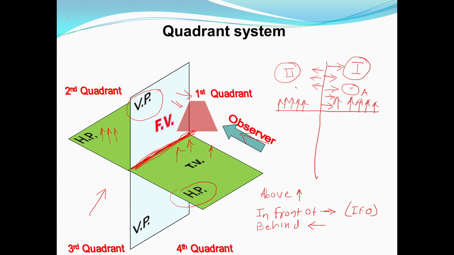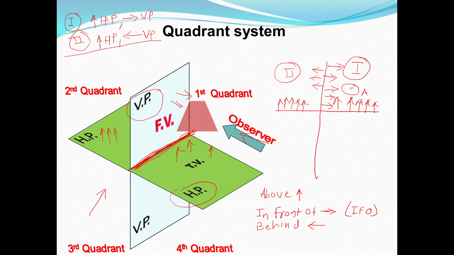First quadrant: above the HP, in front of the VP. Second quadrant: above the HP, behind the VP.